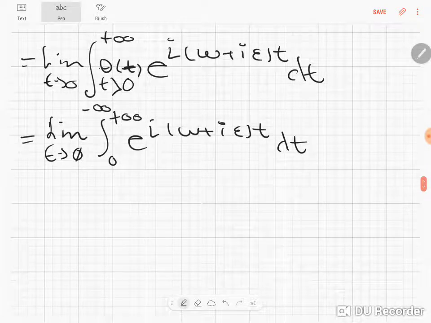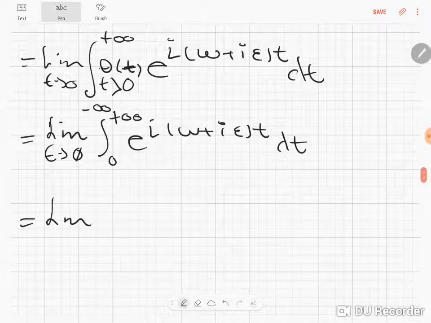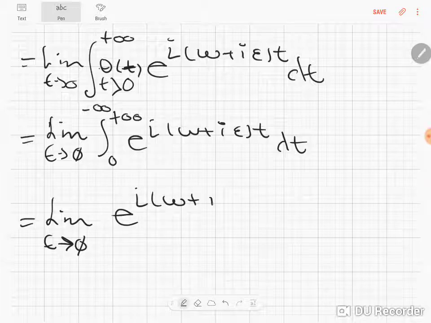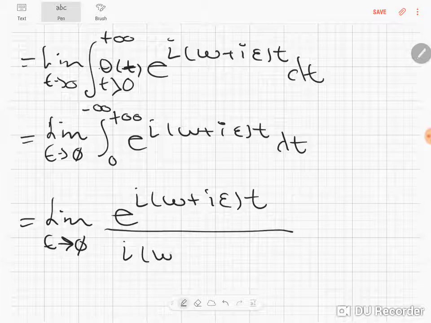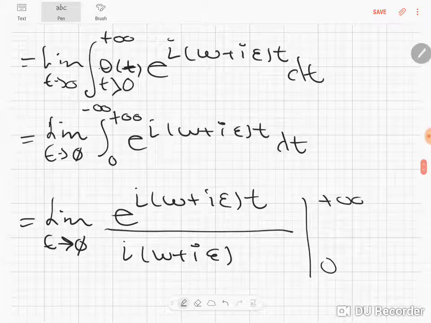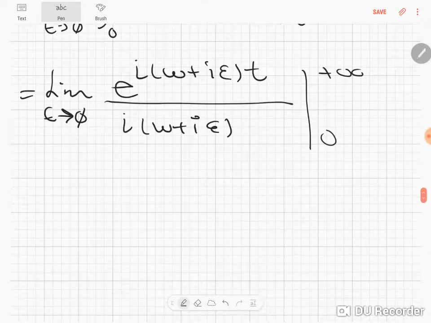Then we solve this and write the limit of epsilon that tends to 0 of e to the I omega plus I epsilon, times t, divided by I omega plus I epsilon, between 0 and plus infinity. We will use another limit to account for the infinity limit here.